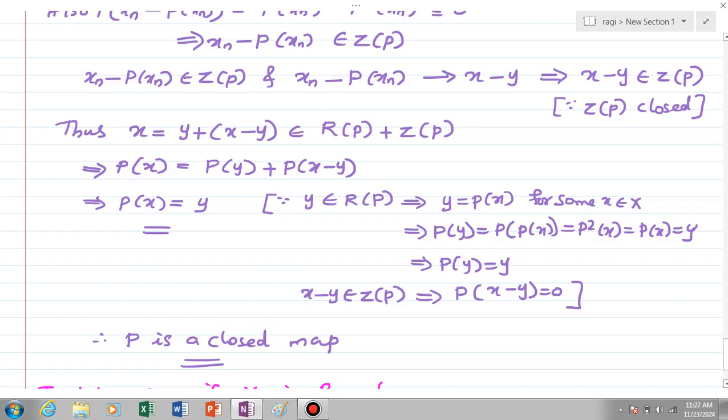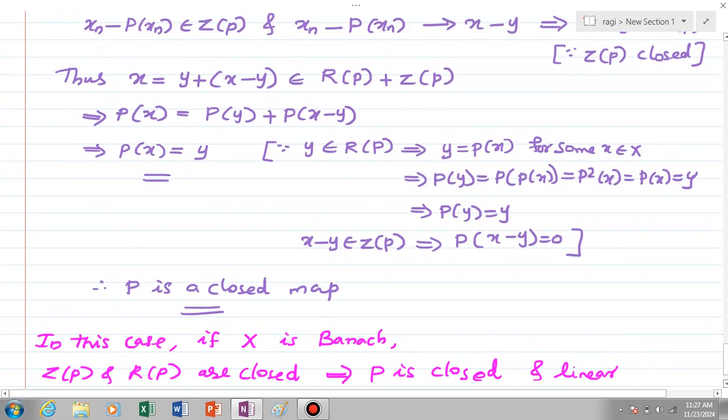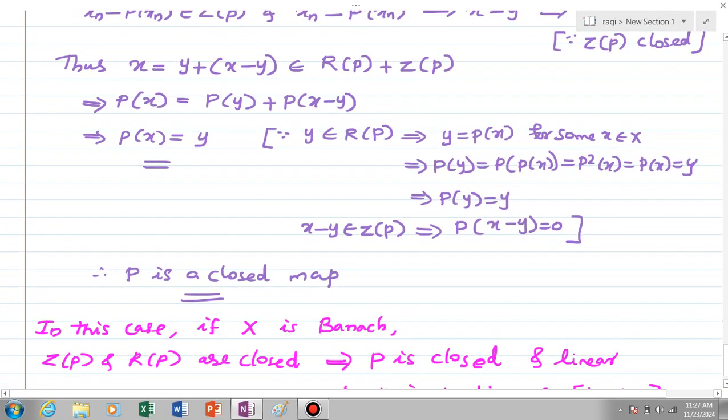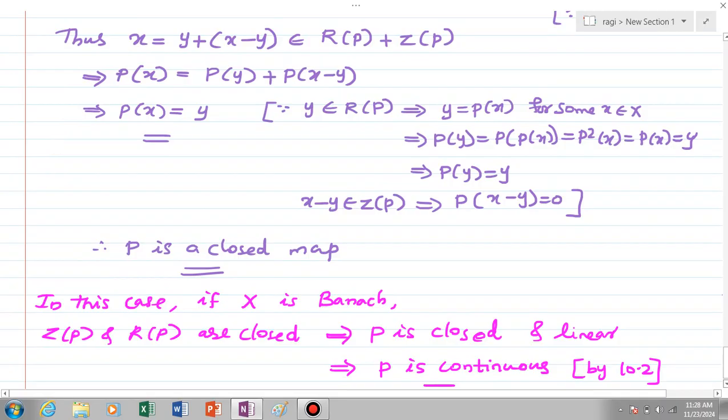So this is the theorem. And we have to prove one more thing. In this case, P is in fact continuous if X is a Banach space. So assume in this case X is a Banach space, then Z(P) and R(P) are closed, means P is closed in this case, and P is linear also.